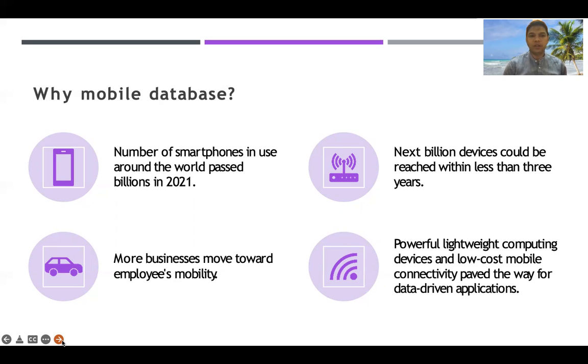For example, through a mobile device you can watch YouTube channels. Through the mobile device you can also install applications such as banking applications and airline applications. So this is why mobile database is required.